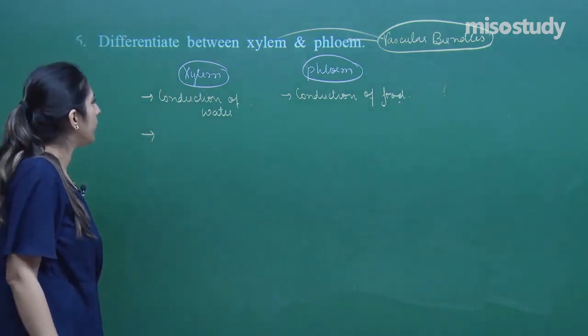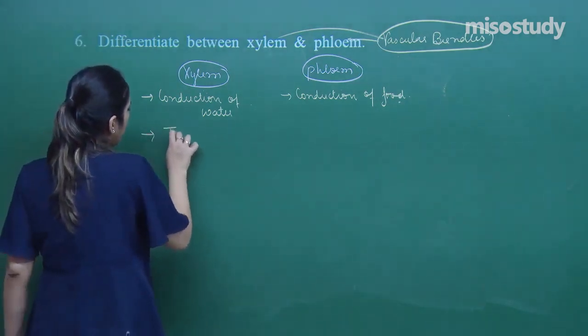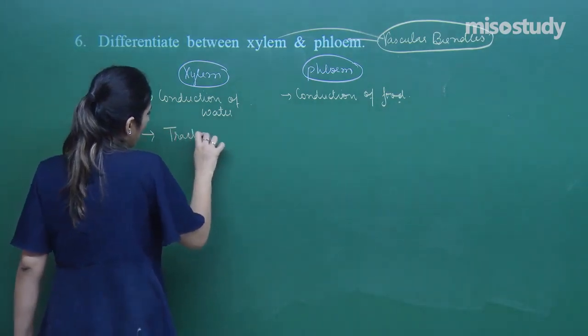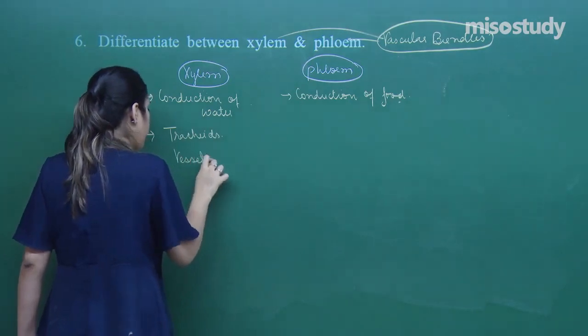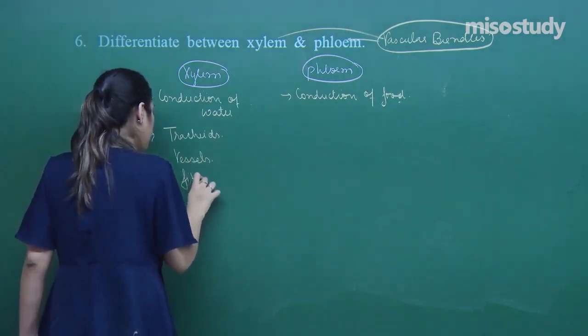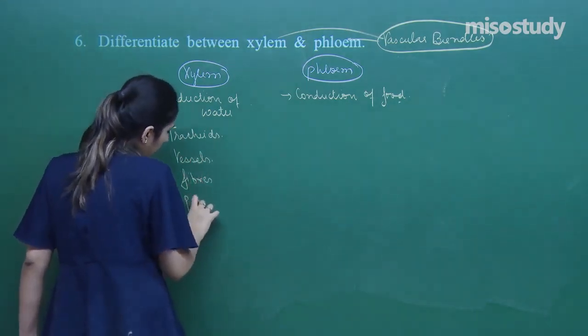They are further made up of different cells. They are made up of tracheids, vessels, fibers and parenchyma.